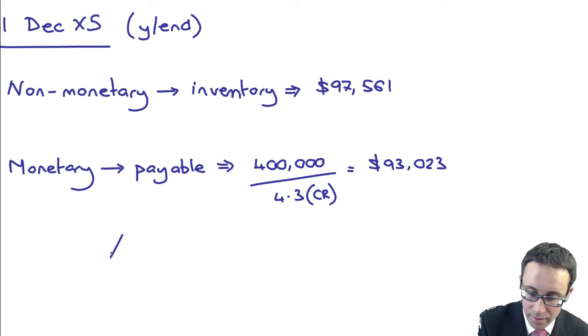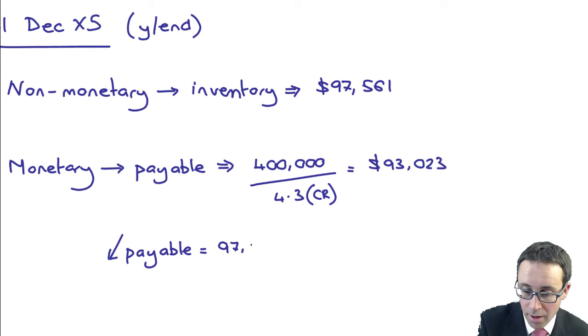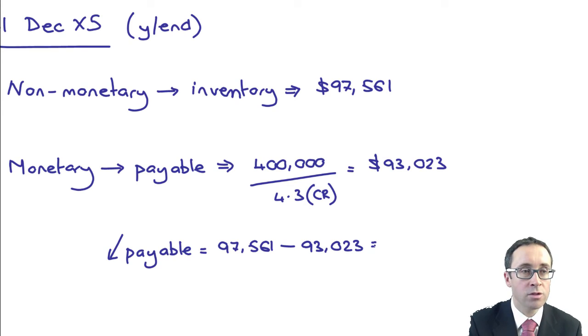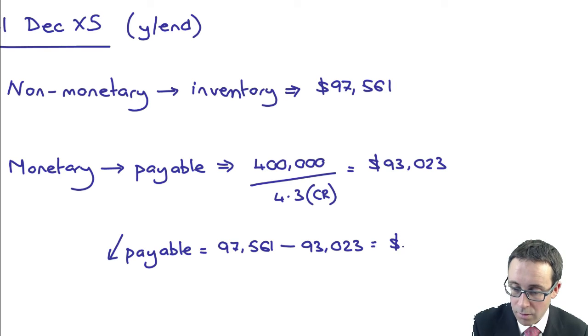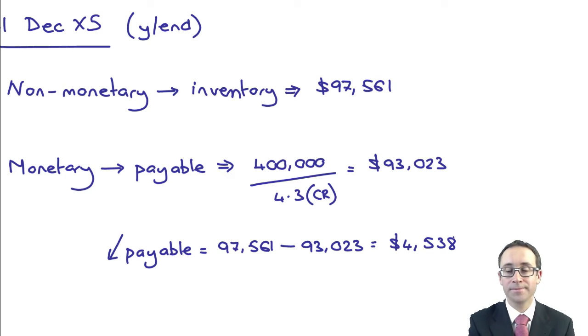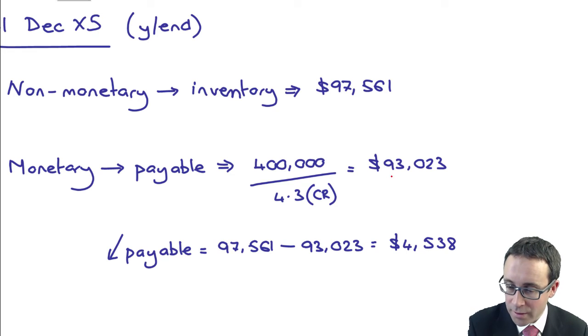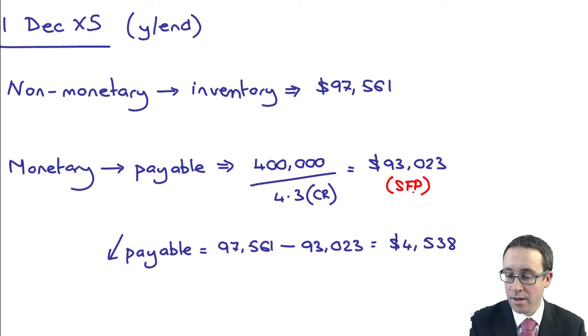So what you have there is a reduction in your payable from 97561 to 93023. Does that give me 4538? Okay, so that's the movement in the payable, isn't it? Yeah, we've retranslated it. It will be shown on the statement of financial position at 93023.